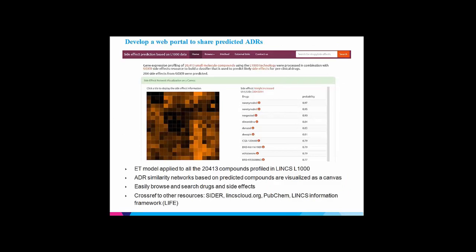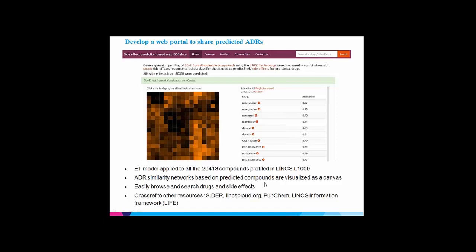We also applied our predictive models to all the LINCS small molecule compounds and drugs, and then we made a web portal to share those results. Here I have the URL for this website, but this website is still under development and the data there is not the newest predictions.